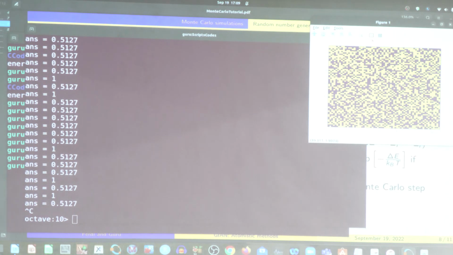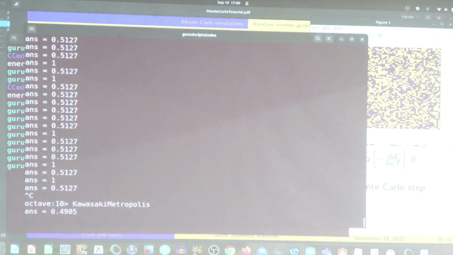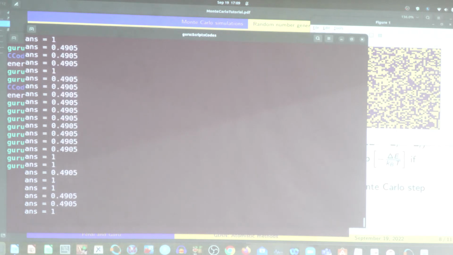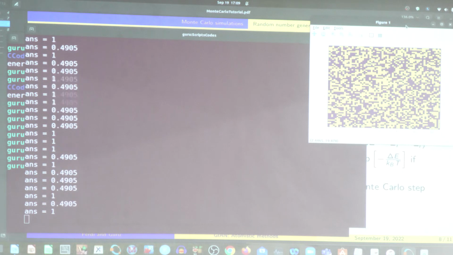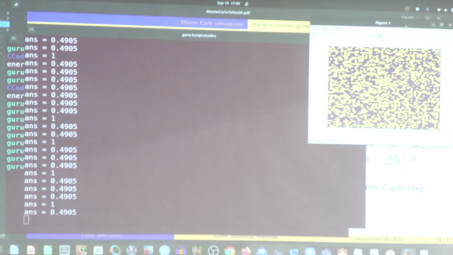So now let us run this one and see what happens. Now again random number. So that time it was 0.51, this time it is 0.49, and now you can see that this is closer to what Ferdi was showing for the nucleation, clustering, coarsening. You can now go change the temperature.